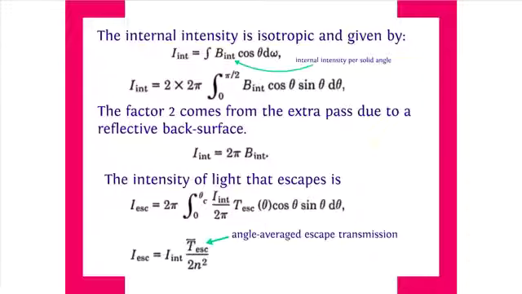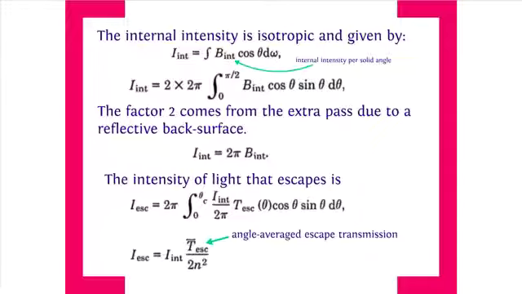Okay, so what we can conclude is, if we take this B_int as a constant, let's imagine it doesn't depend on angle. If it's completely random, it wouldn't depend on angle. Then you can take this out of the integral here. And that integral is very easy to do. All you get is one half, actually. Right? 0 to 90 degrees of cos theta sin theta.